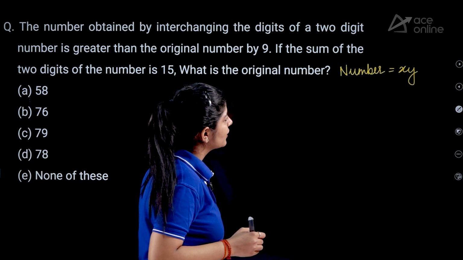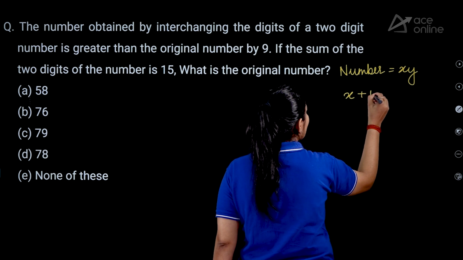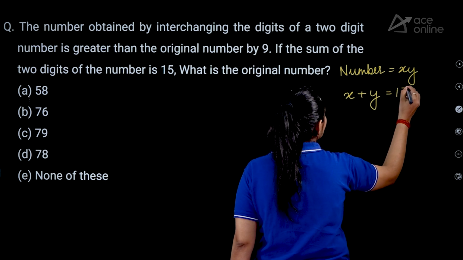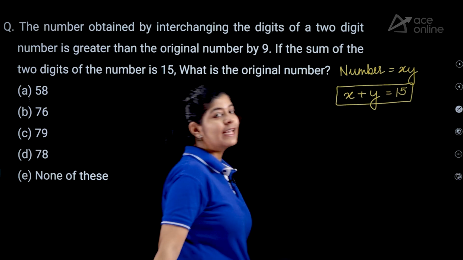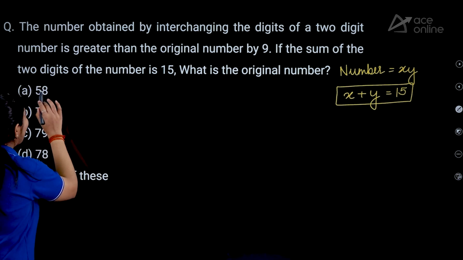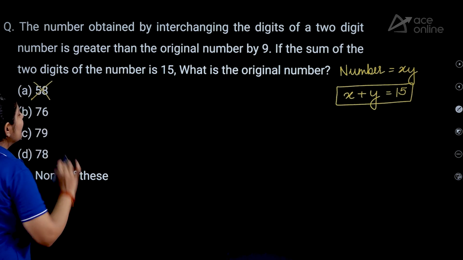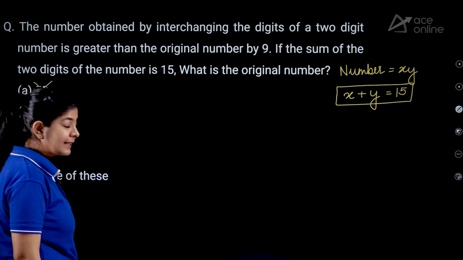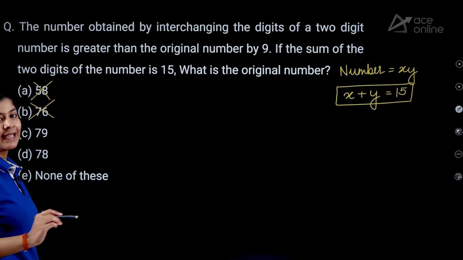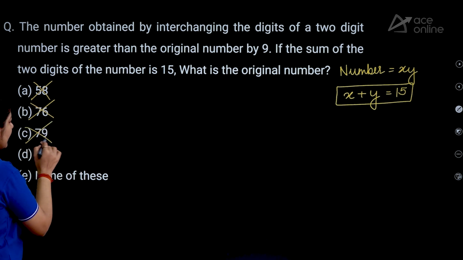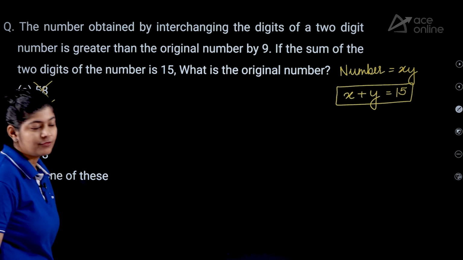XY is my 2-digit number. Now it says that the sum of these digits is equal to 15, that means X plus Y equals 15. So first I'll go with the options. 5 plus 8 is 13, not 15, eliminated. 7 plus 6 is 13, not 15. 7 plus 9 is 16, not 15. 7 plus 8 is 15, but I have one more option, that is none of these, right?